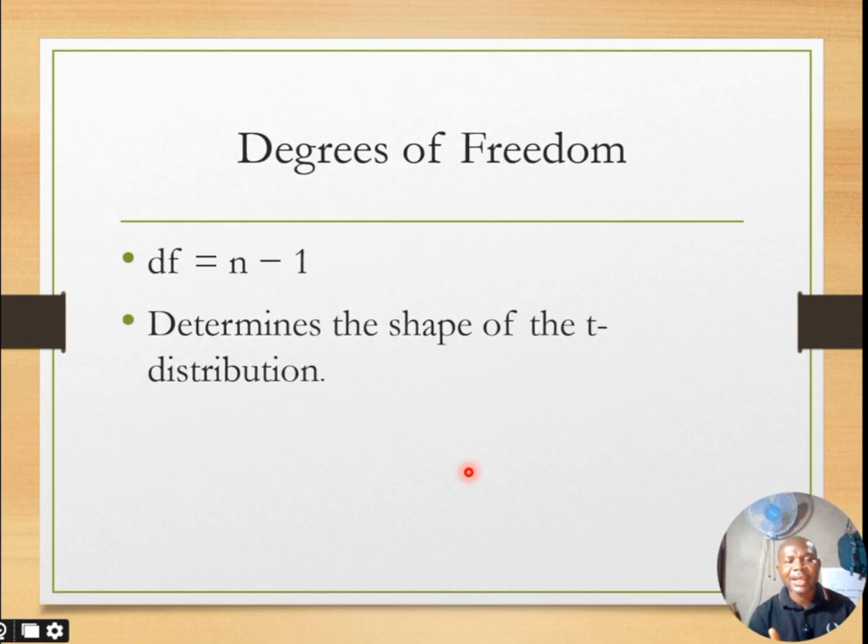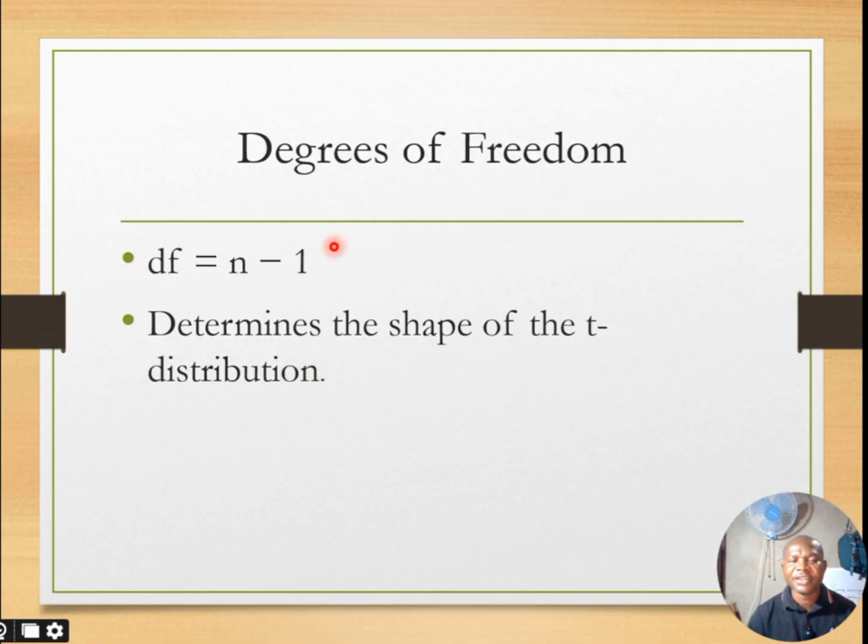But there's another piece of information we must obtain before we can compute our test statistic. We must also find out what we call the degree of freedom. This degree of freedom determines the shape of our t-distribution, the curve of our t-distribution. The higher it is, the more our t-distribution will tend towards what? Our z-distribution.